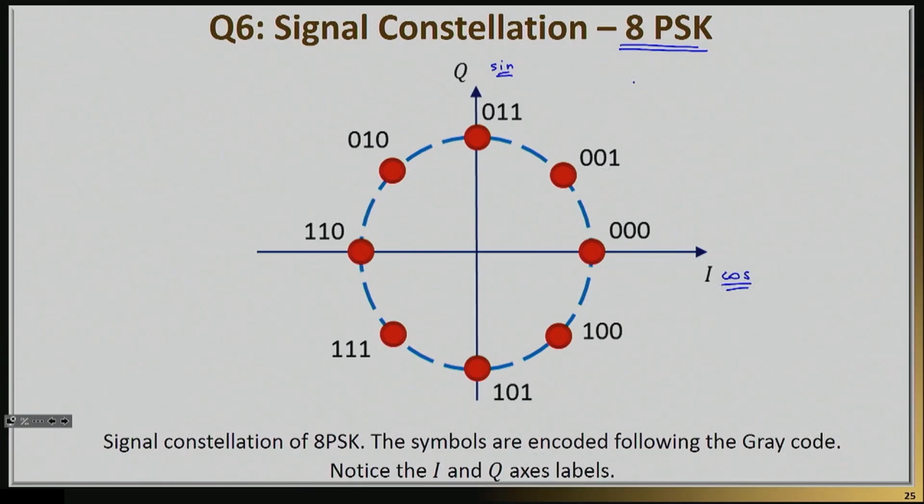In an 8 PSK modulation scheme, you have 8 different possibilities, which I'm showing here with the 8 red circles. Each one of those circles can represent a symbol. And because we're using 8 different phases, we can encode log 8, or 3 bits, in each symbol.